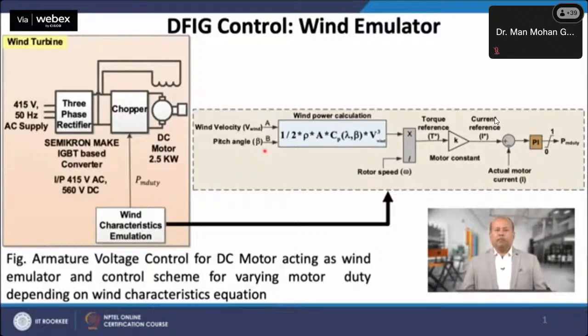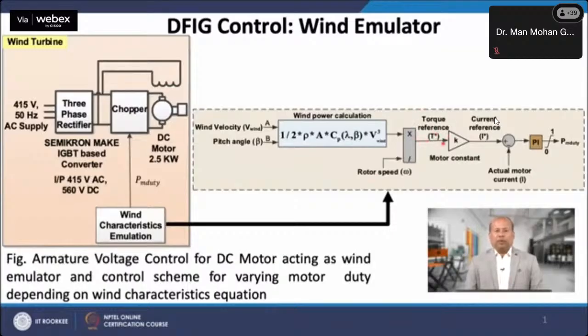Here the Cp is the power coefficient which is dependent on the pitch angle and tip speed ratio. Further, the wind power is divided by the measured speed of the rotor to generate the reference torque.